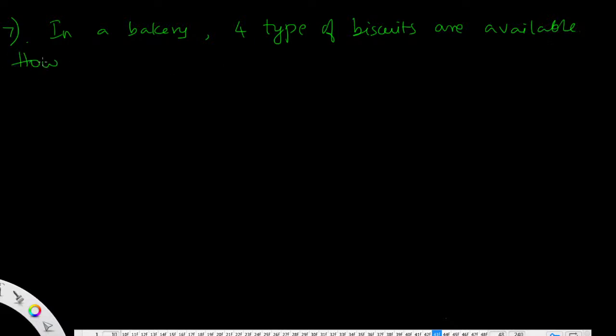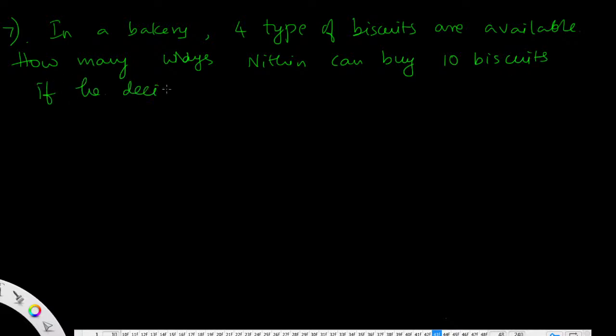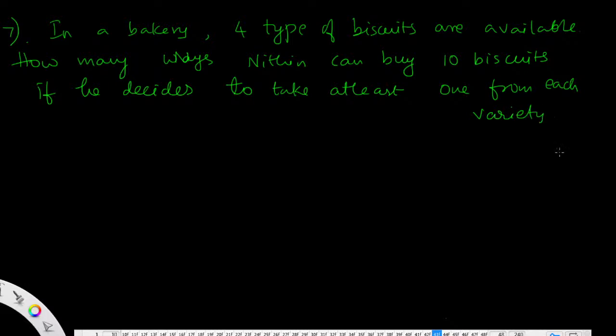How many ways can Nitin buy 10 biscuits if he decided to take at least one from each variety? Options are 4C3, 5C3, 7C3, 9C3.